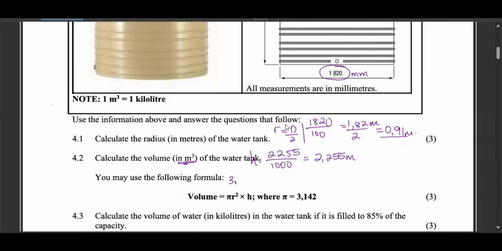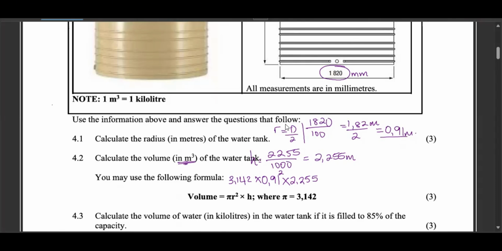We write 3,142 times our radius. Radius is 0,91. And don't forget, it's supposed to be squared, times the height, which is 2,255.